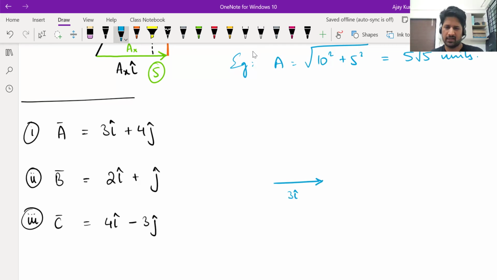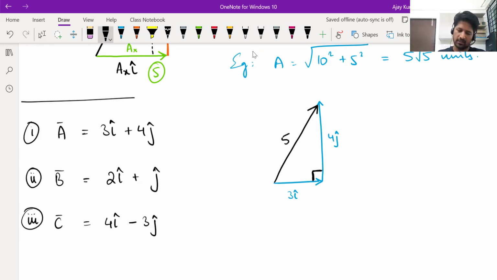I am comfortable with triangle law, so I'll draw the tail of the second vector at the head of the first vector. So plus 4j cap will be this way. Now 3i cap plus 4j cap means the resultant should be this way. Now these two are perpendicular. The components are always perpendicular. 3, 4, then the resultant becomes root of 3 square plus 4 square, that is 5 units. So magnitude is 5.